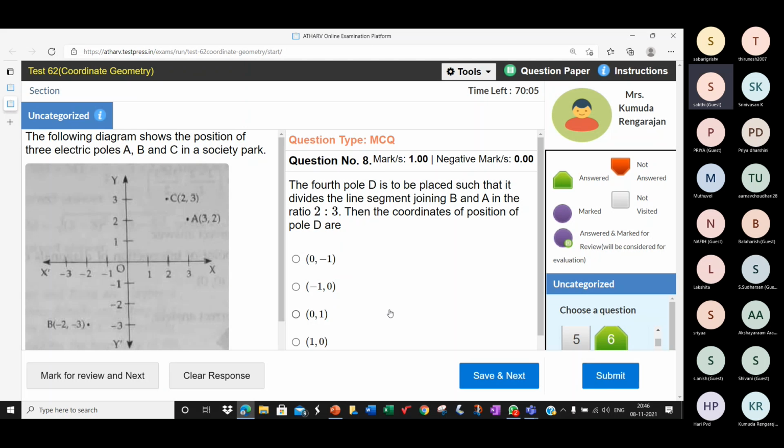Ma'am, it's 1,0. No, with this one, no, because there are some printing mistakes. Actually, going by this, the fourth pole D is to be placed such that it divides the line segment joining B and A in the ratio 2:3.